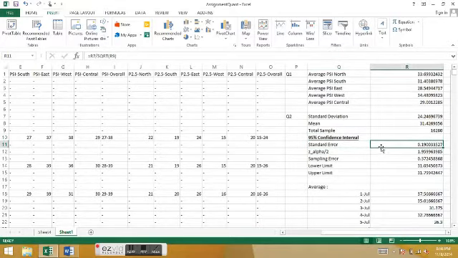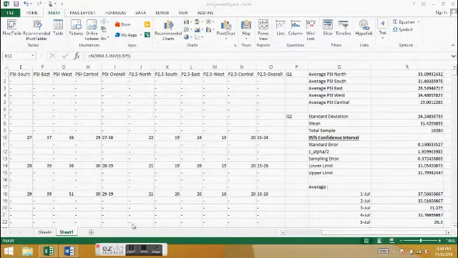So for the 95% confidence interval, we must find the standard error. The standard error consists of the standard deviation divided by the square root of the total sample size. And the z alpha over 2, we find it using NORM.S.INV of 0.975, because of the 95% confidence interval. You divide by 2, and you use 0.5 minus the answer to get 0.495.